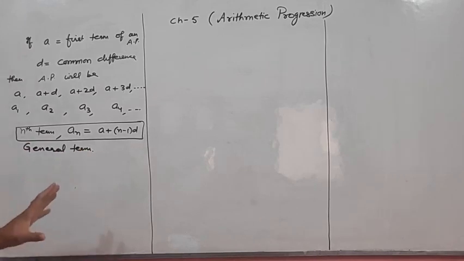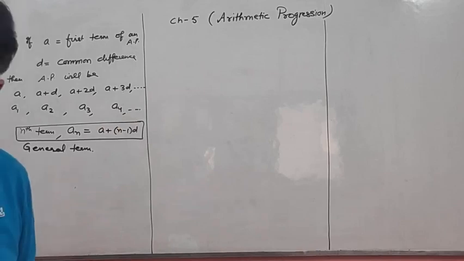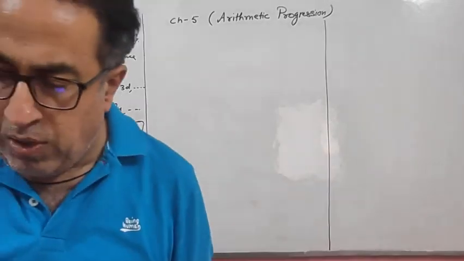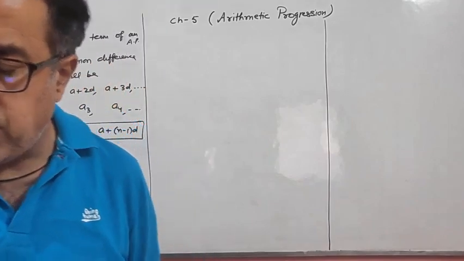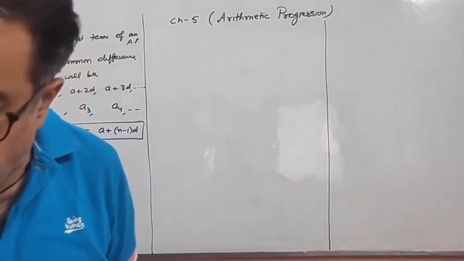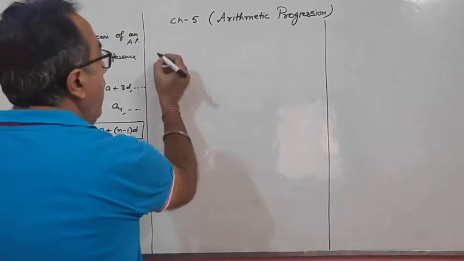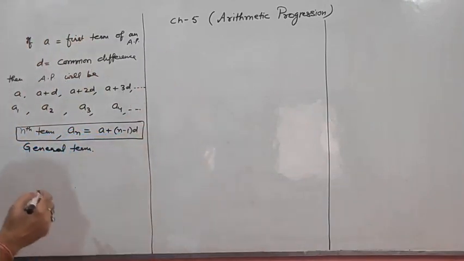Based on this formula, look at the questions of the new exercise 5.2. Let us see the first question of this exercise. There is a table which we have to complete.